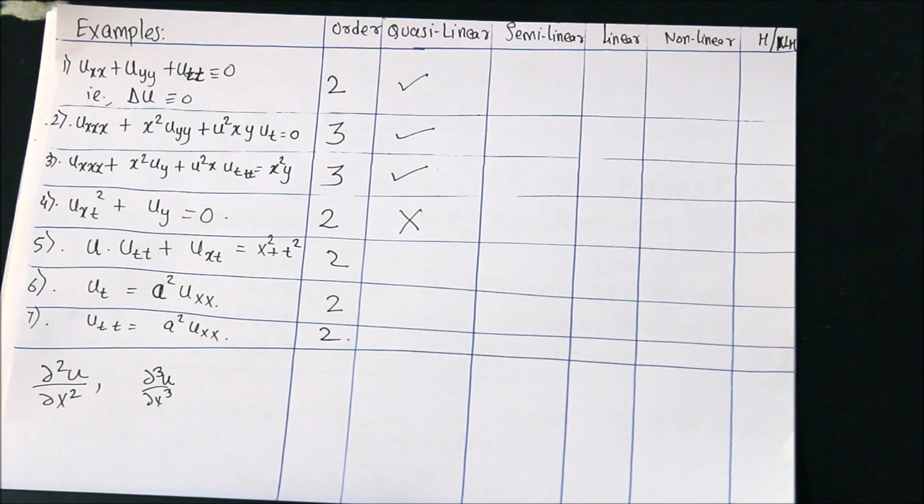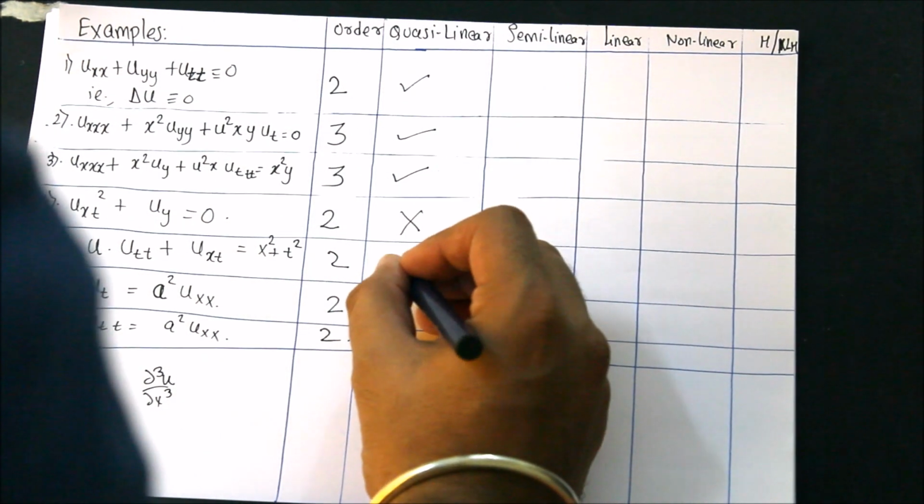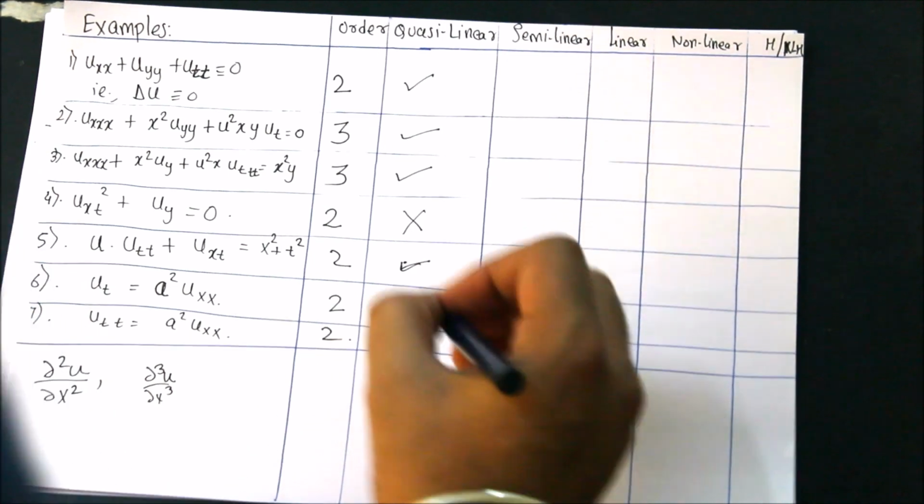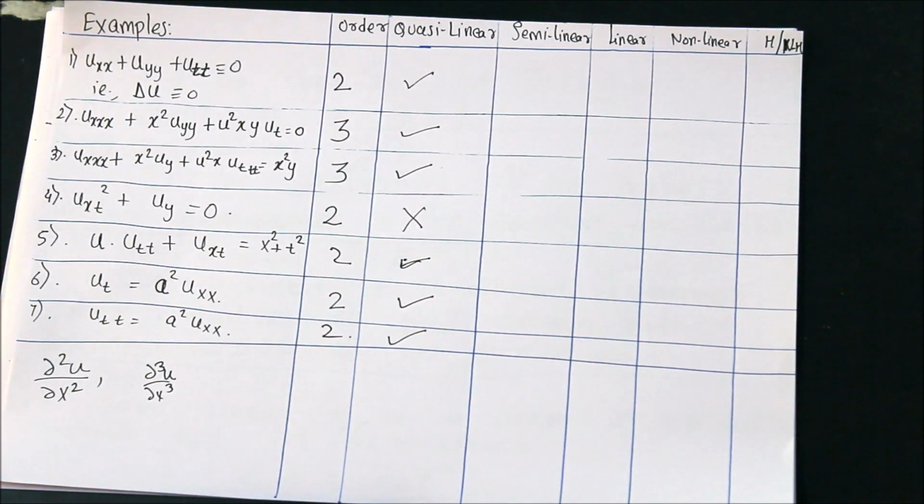Similarly, if you go for the 5th, 6th and 7th, as you can see the highest order is 2 and each of them has degree 1, so all the remaining ones are quasi-linear PDEs. Just look at the highest derivative, and if the degree is not 1, it won't be quasi-linear.